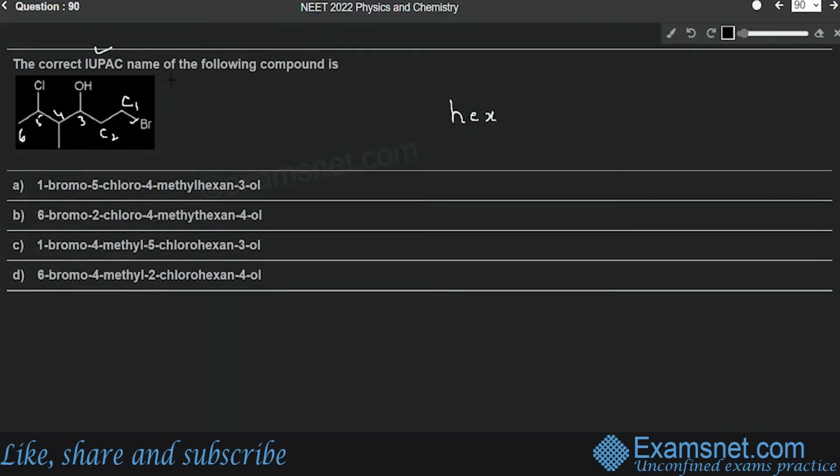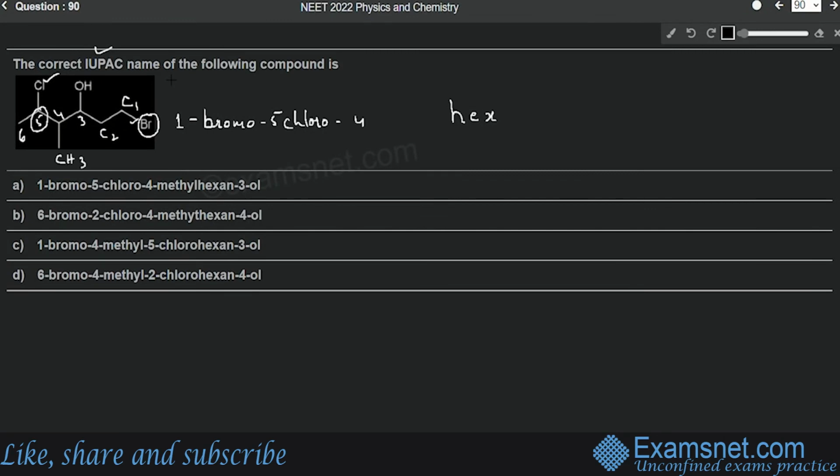Now, if we write the functional groups alphabetically, then first bromine comes. That means at first position bromine is there. So 1-bromo will be written. Okay. Then after B comes C. So chlorine will be mentioned next, which is at the fifth position. So 5-chloro. Okay. And then at fourth position we have a methyl group.